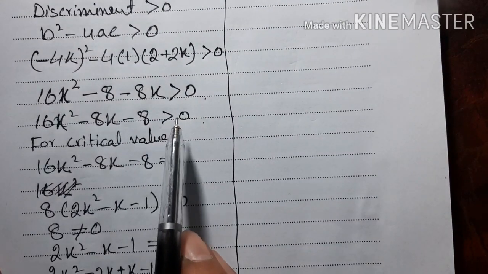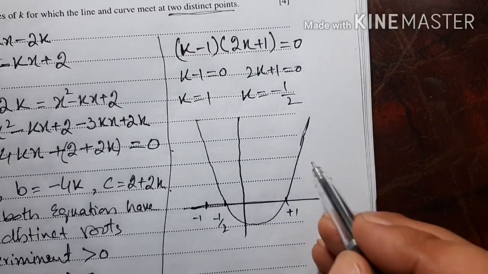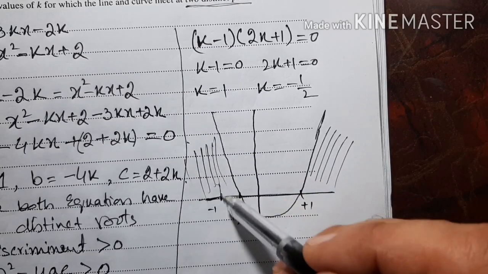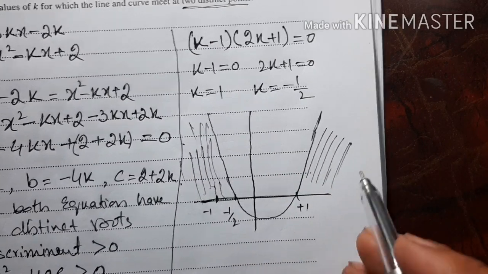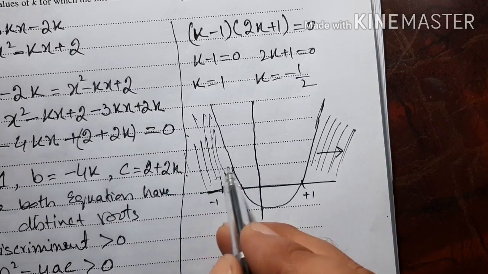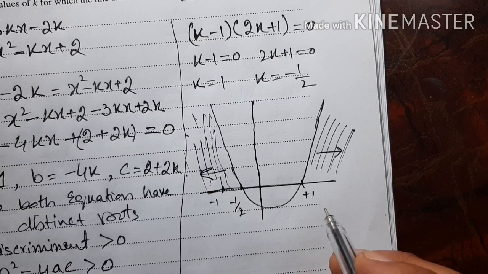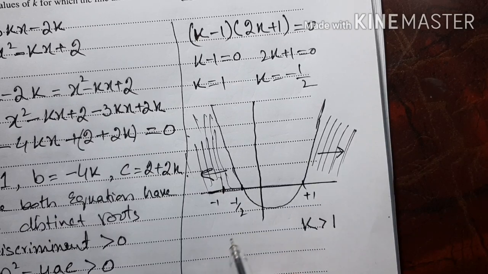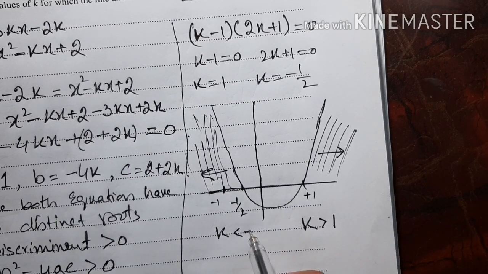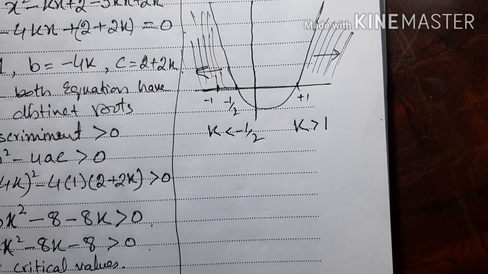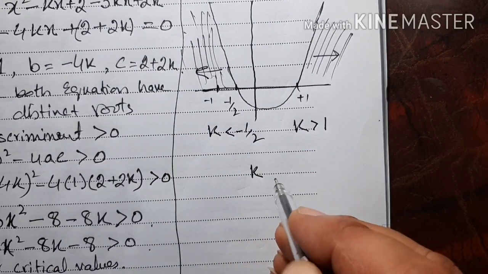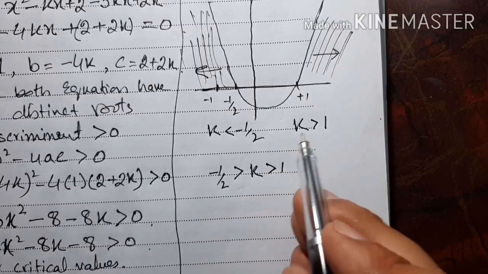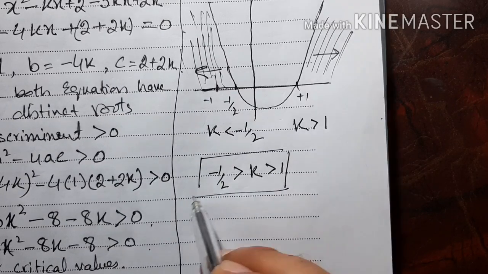And this is greater than 0, it means the area above the x-axis outside the parabola is our answer region. This one. It means k is greater than 1 and it means k is less than minus 1 by 2. If we combine these two, the answer will be k is greater than 1 or less than minus 1 by 2. So this is our answer.